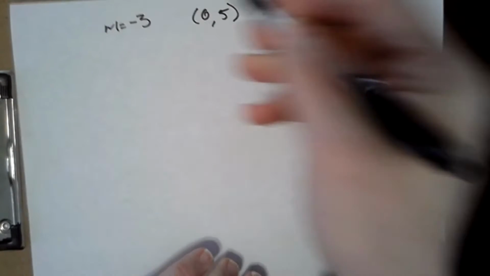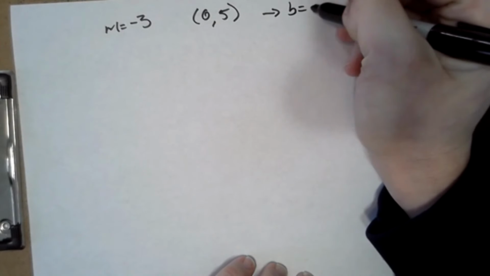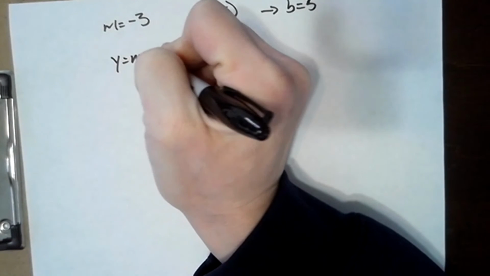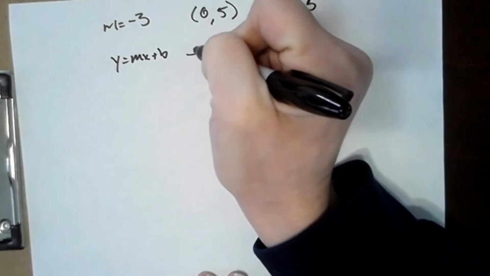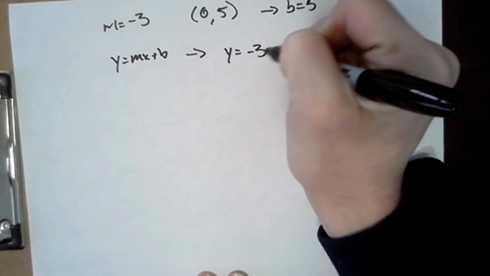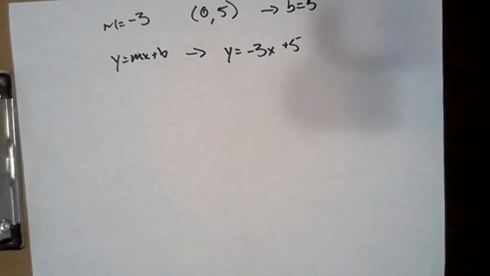Okay, so since we have our slope and we have our y-intercept, this means b equals 5. So then y equals mx plus b gives us the equation y equals -3x plus 5. Again, a nice simple one.